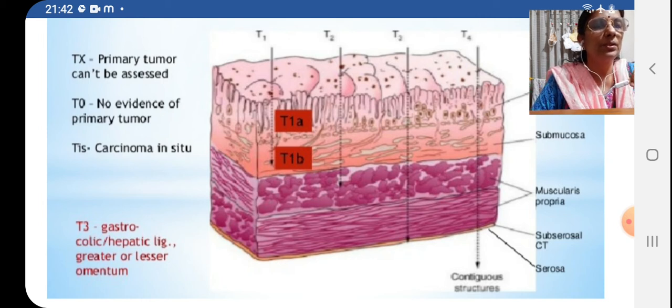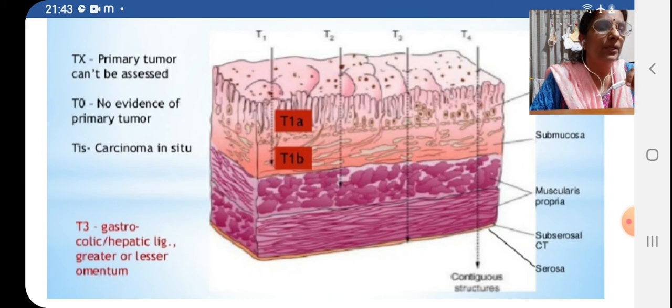T1B means the submucosa is also involved. T2 means involvement of the muscles. There are 3 layers of muscle in the stomach, and involvement of the muscle layer starts in T2. If it has involved the muscles, we classify it in the T2 group. And T3 is involvement of the whole muscle, the mucosa and the submucosa, and the connective tissue in the serosal layer.